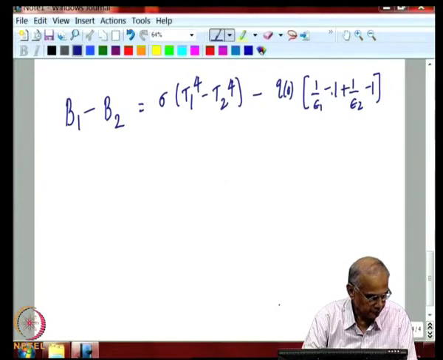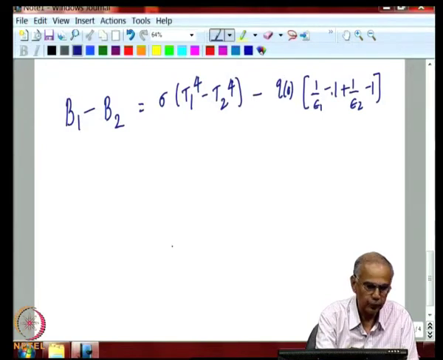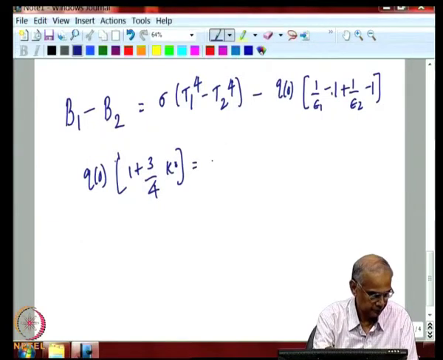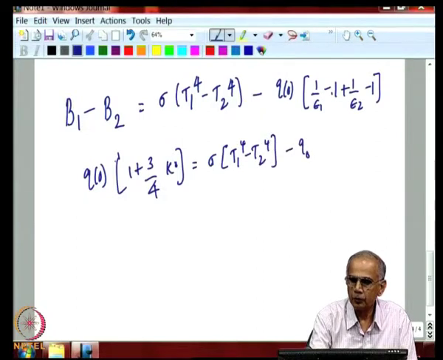Now, if you use the result that B1 and B2 is nothing but Q_R into, or Q0 into, 1 plus 3/4 kappa 0, is equal to sigma minus Q0.